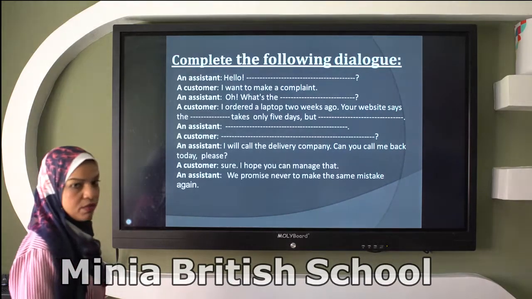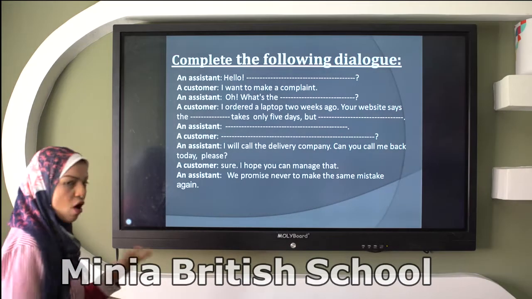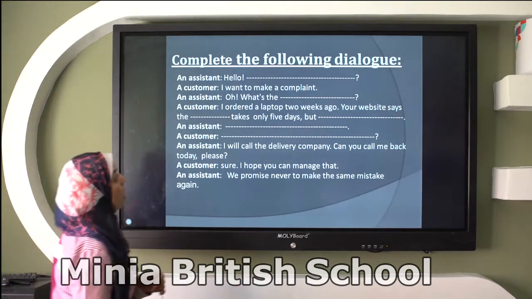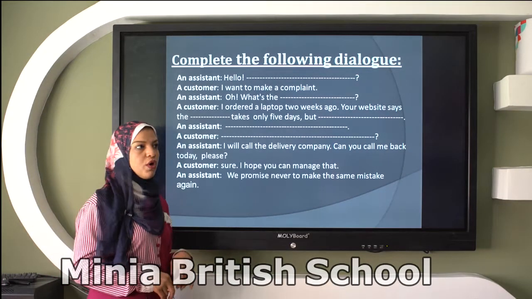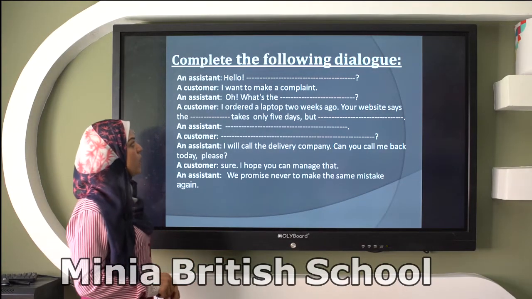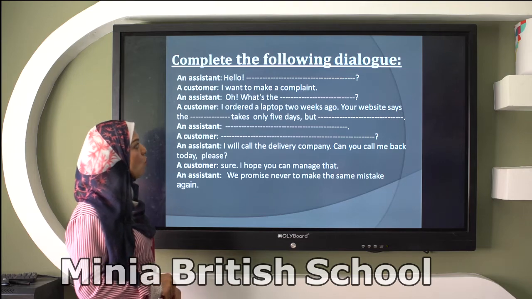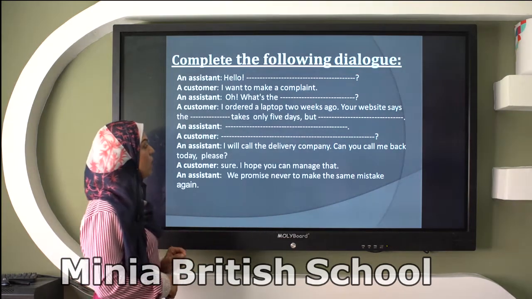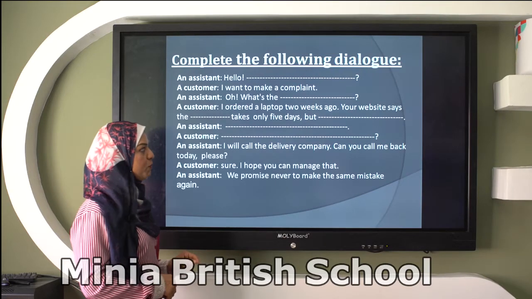So the first thing that the assistant would say is to offer help. So she has to say, hello, what can I do for you? Or can I help you? Or how can I help you? Now he says, I want to make a complaint. Oh, what's the problem? That's the first question that you have to ask. Now, I ordered a laptop 2 weeks ago.